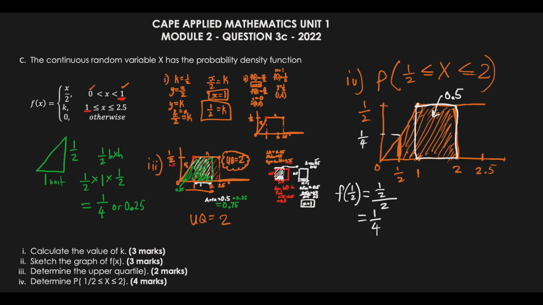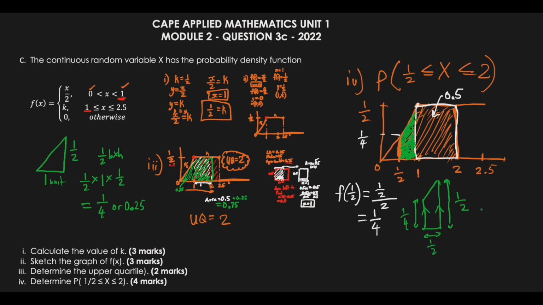Now, if we can figure out the area inside here, then we can add it to this 0.5 and get our final answer. So that shape forms a trapezium. The height of this is straight up to a half, and from here to here is a quarter. And from here to here, the perpendicular height, half to 1, is a half.